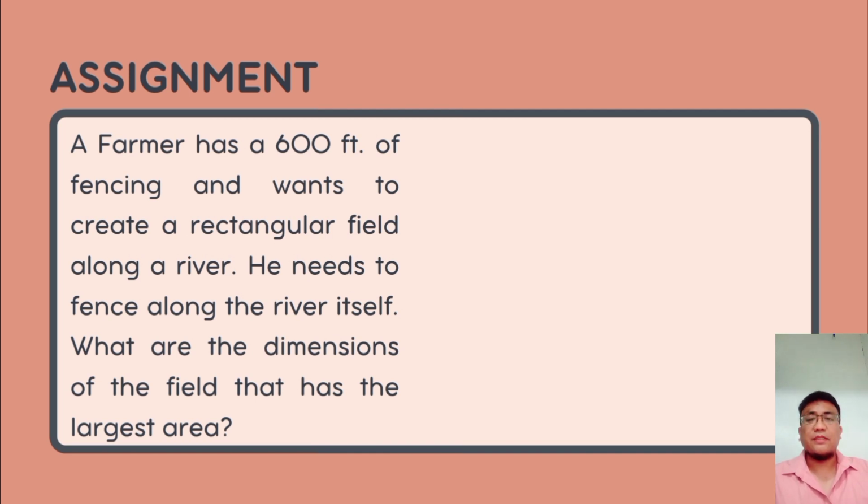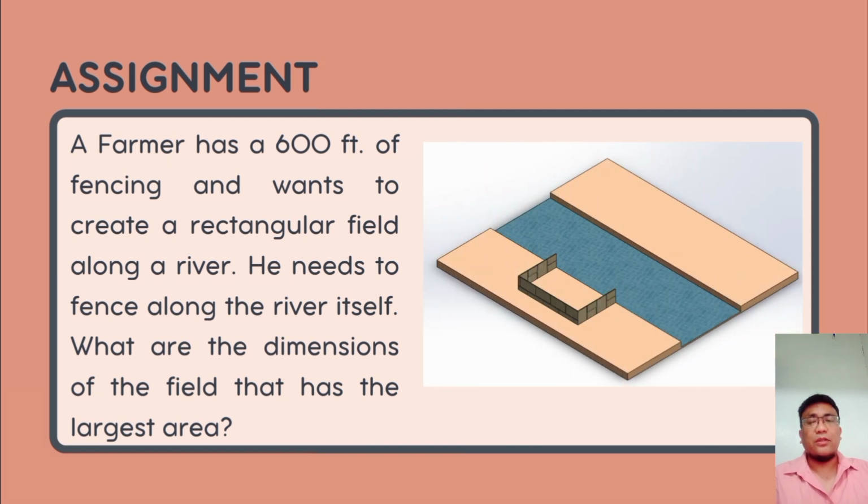We have discussed problems like that previously, so I hope you can answer that question. But if you are confused, I have prepared the drawing for this problem. So, this is the river, and he wants to put the fence alongside the river, meaning the river part is not covered with fence.